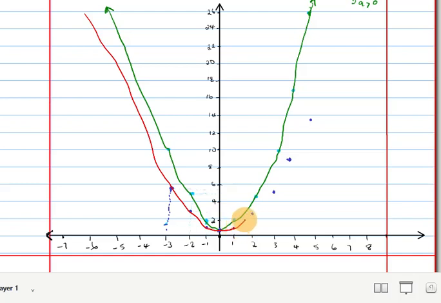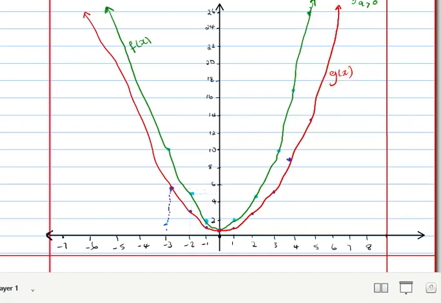There's something that I want you guys to observe here that we did before the session. Look carefully here. This graph, we said this graph is the graph of f at x, and the outside graph is the graph of g at x.